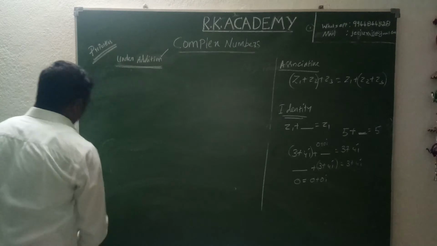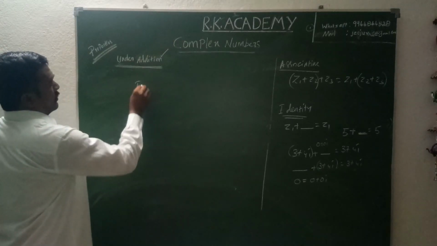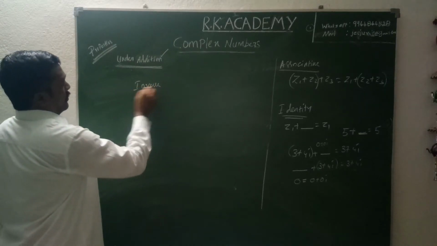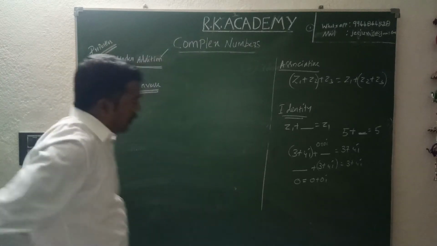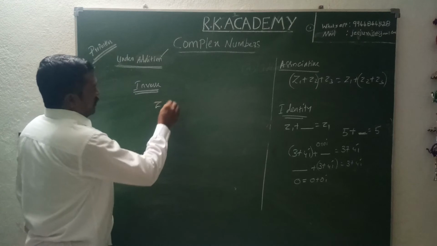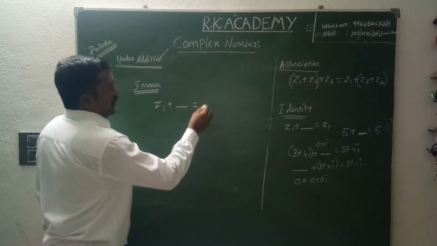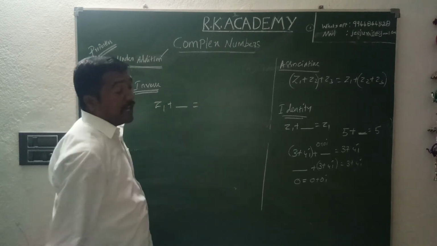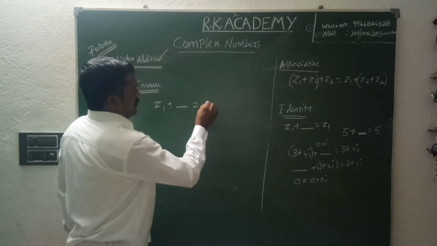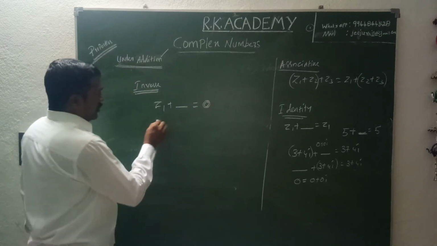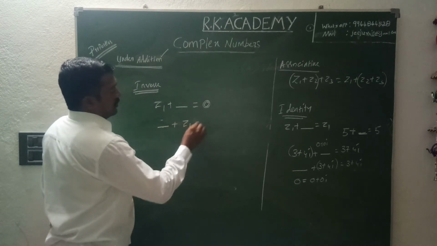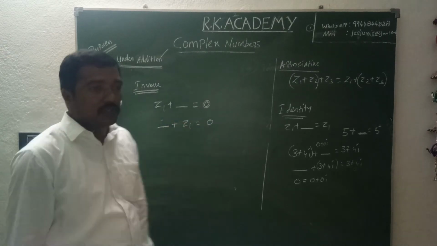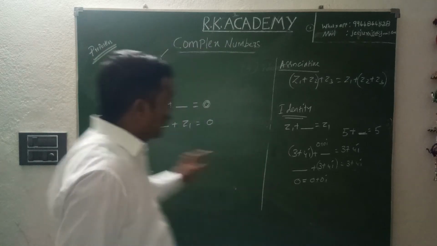Inverse. What about the inverse? Now I am taking a complex number z1 plus dash. We need the identity. What is the identity? 0. So dash plus z1 is equal to 0. So what do you need to put there?